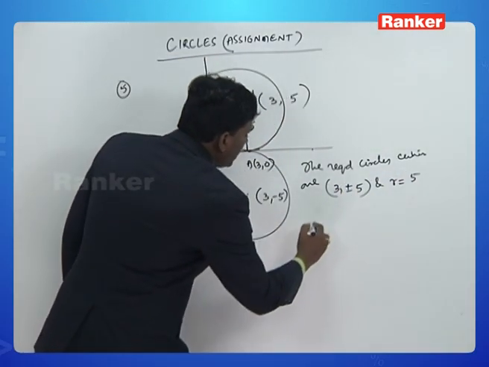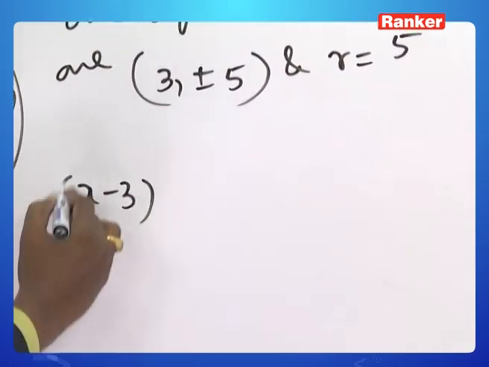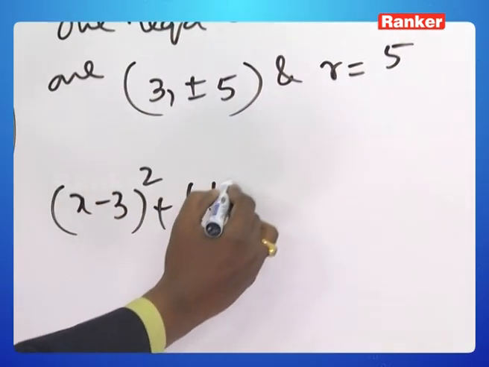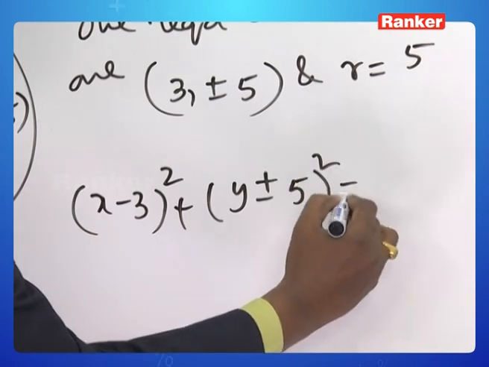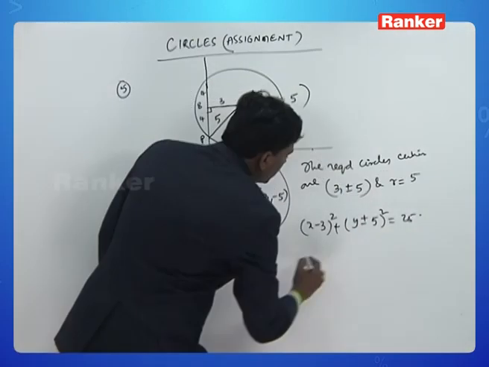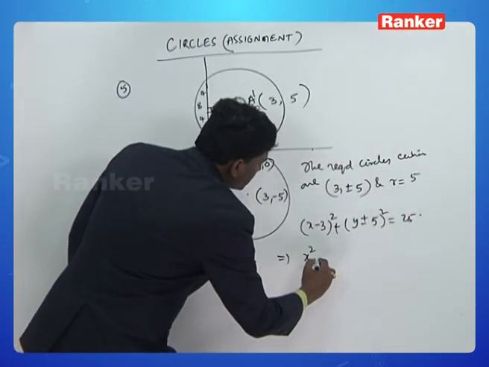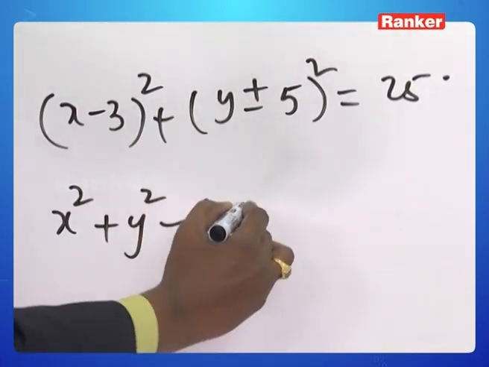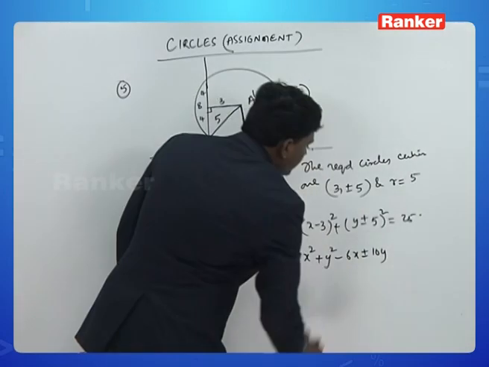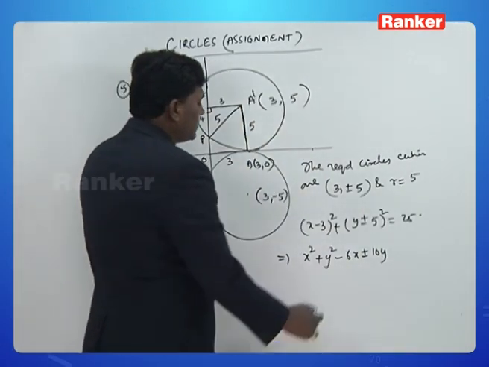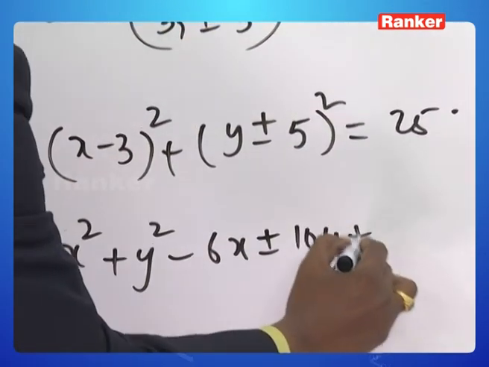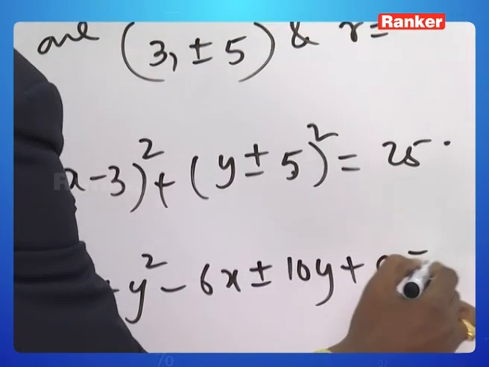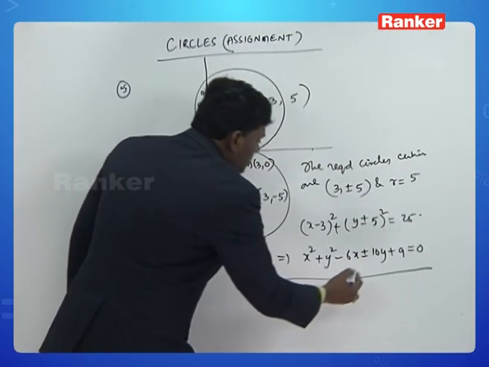Therefore, the required circle equations will be (x minus 3) whole squared plus (y plus or minus 5) whole squared equals 25. We get x squared plus y squared minus 6x plus or minus 10y plus 9, with 25 cancelled on both sides, equals 0.